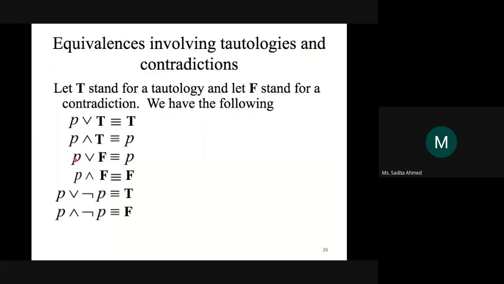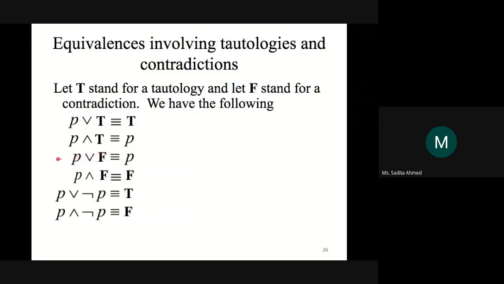Do you understand why this equivalence works? Because it's an OR. Even though this is false, you cannot say that the entire expression is false, because P could have been true. At the same time, you cannot say that it's going to be true, because you do not know whether P is true or false. So if P is true, this becomes true.